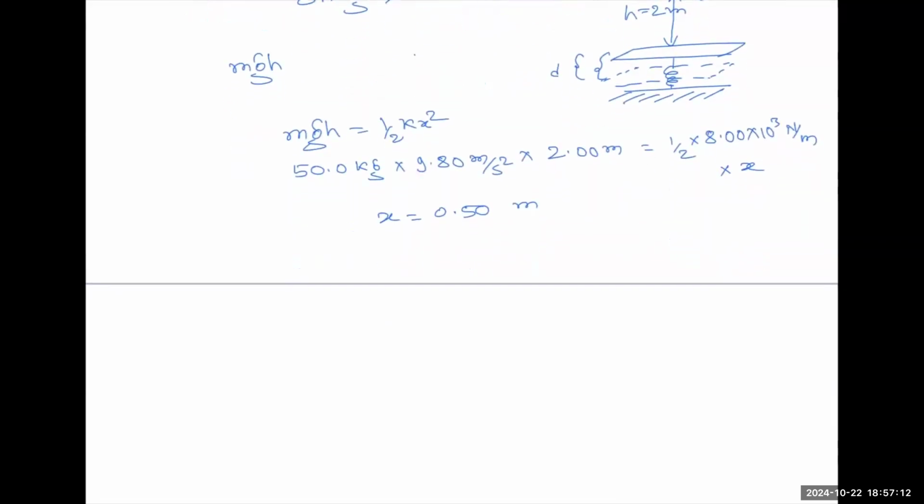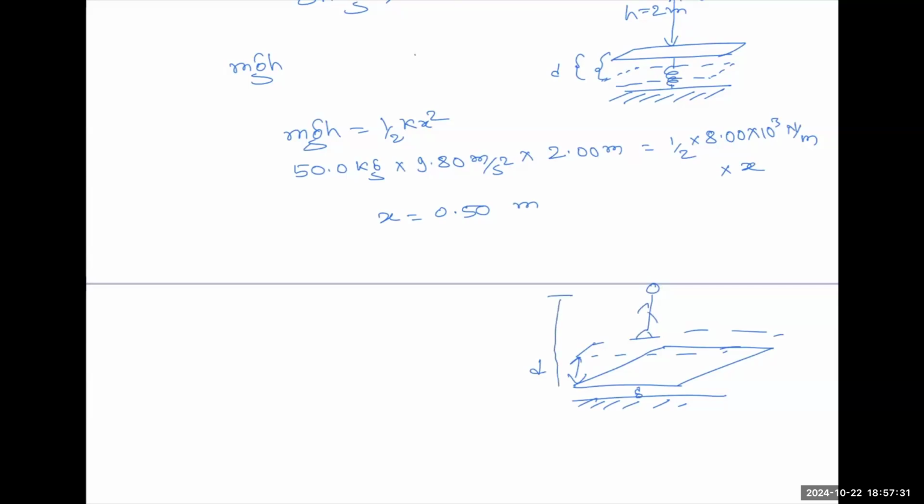If I draw a diagram, the spring is compressed from here and it went to this distance, so the total distance this person goes is from height h to h plus d.